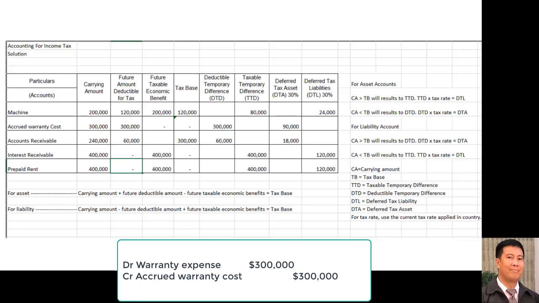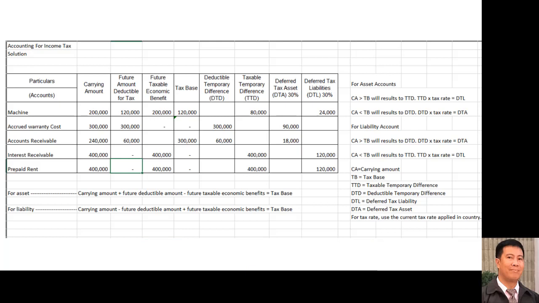So it doesn't exist for tax while you are recording it, right? Now, when you are solving problems for accounting for income tax, you are looking at it from two different points. One is per accounting standards, and the other one is taxation rules. So this one is for accounting standards, and this one will be for tax rules. Even if you are not using the formula, you will be able to know the tax base just by using logic.